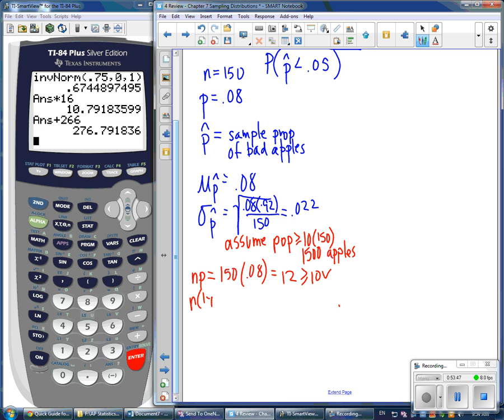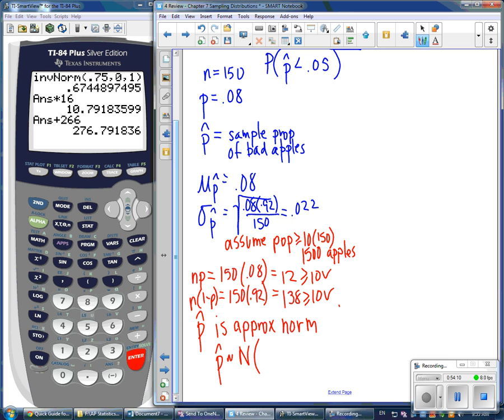And if I do my n times 1 minus p, I get 150 times 92%, which is going to be 138, which is obviously greater than or equal to 10. And so what that tells me is that p hat is approximately normal. Okay. And if you want to go ahead then and say that p hat is distributed normally with a mean of 0.08 and a standard deviation of 0.022, you certainly can do that.